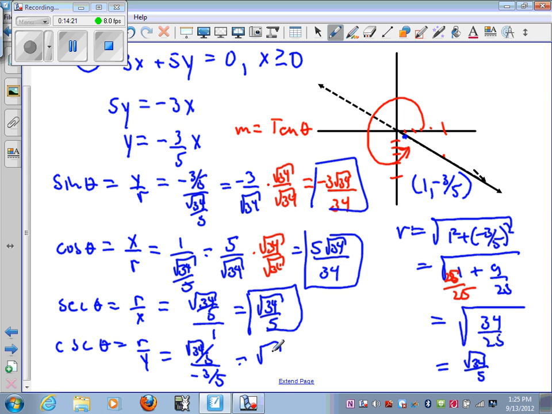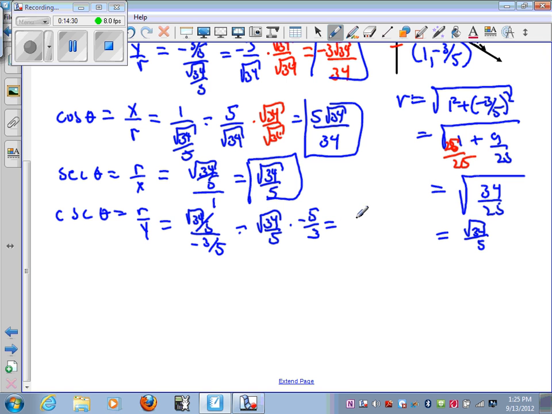So we invert that denominator and multiply, and that's going to give us, see the 5's go out, a negative square root of 34 over 3.